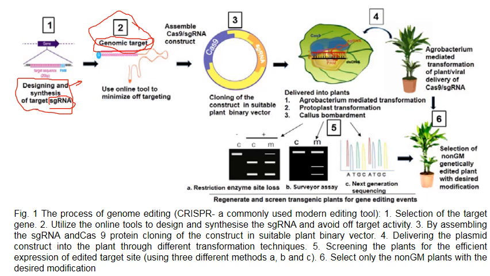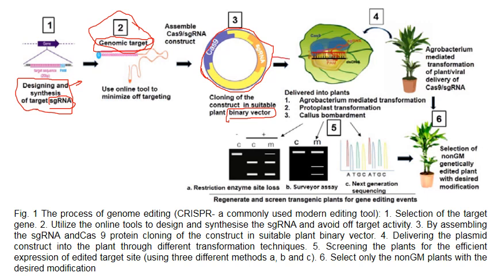Then assemble a Cas9 sgRNA construct. That means we can construct a plasmid vector so that it can be inserted into the plant system. Then go for cloning of the construct in a suitable plant binary vector. By using it in a vector system, we are cloning, meaning making it into many copies.